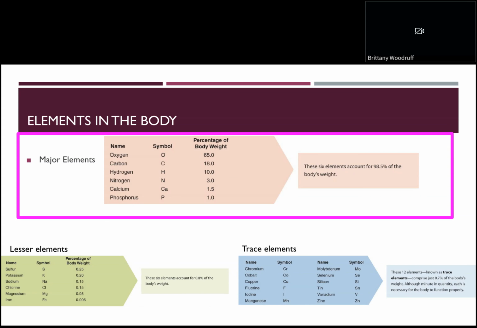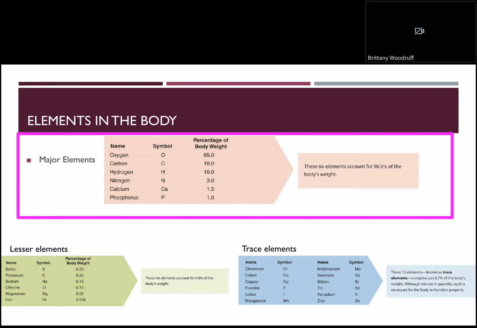Most of these are pretty easy. Another one that you'll see pop up quite a bit is potassium. Sodium, Na. Their abbreviations aren't as straightforward as these ones. You also hear about iron, magnesium, stuff like that.